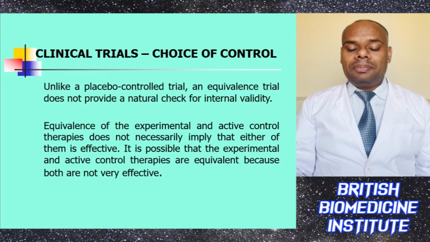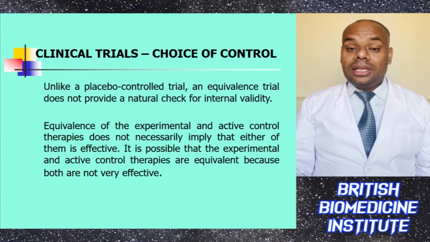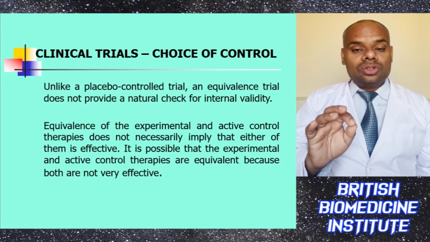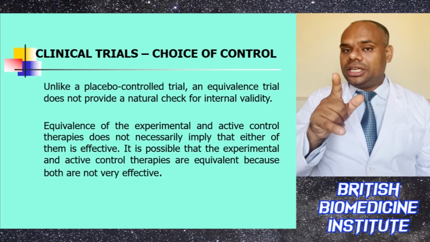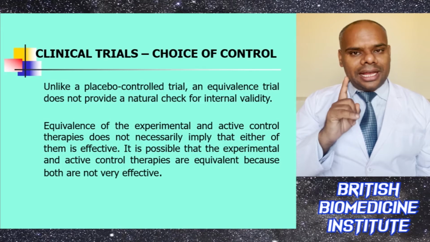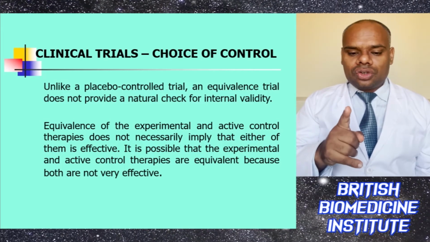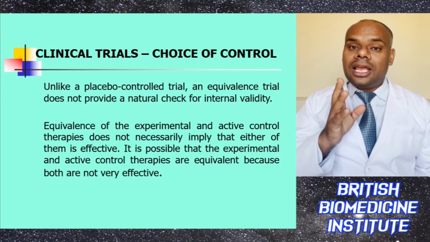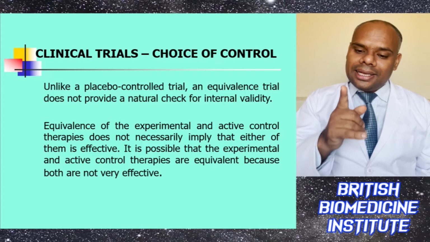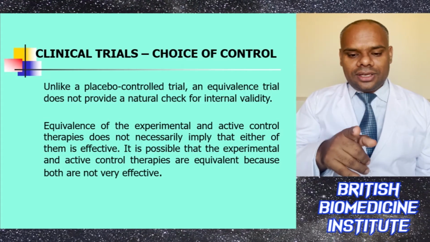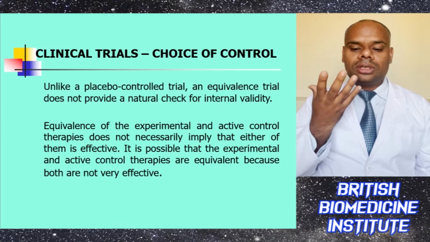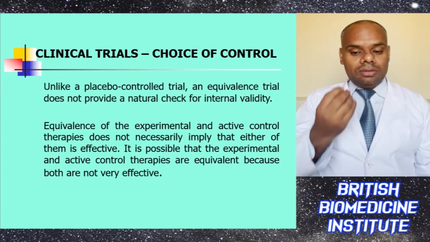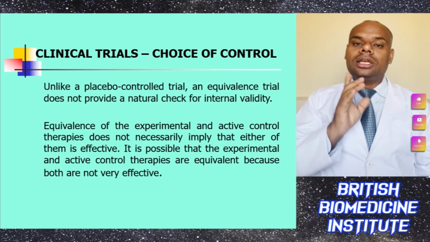So, unlike a placebo-controlled trial, an equivalence trial does not provide a natural check for internal validity. Equivalence of the experimental and active control therapy does not necessarily imply that either of them is effective. It is possible that the experimental and active control therapies are equivalent because they are both ineffective.